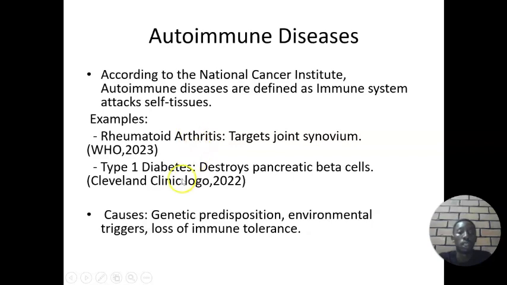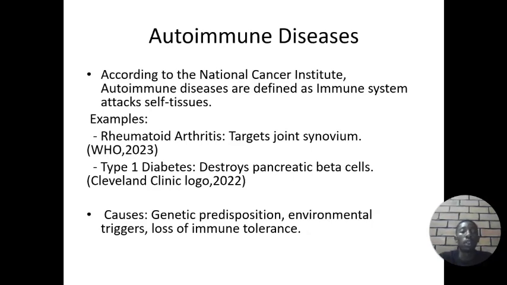developing this autoimmune disease, which is called rheumatoid arthritis. The second is type 1 diabetes, where immune cells attack pancreatic beta cells, the cells which produce insulin, causing insulin deficiency.